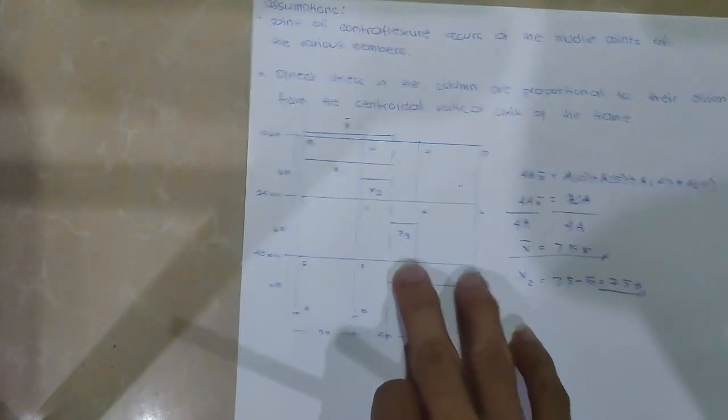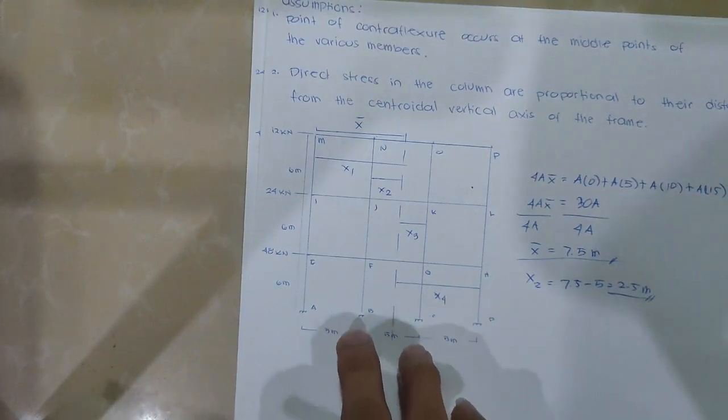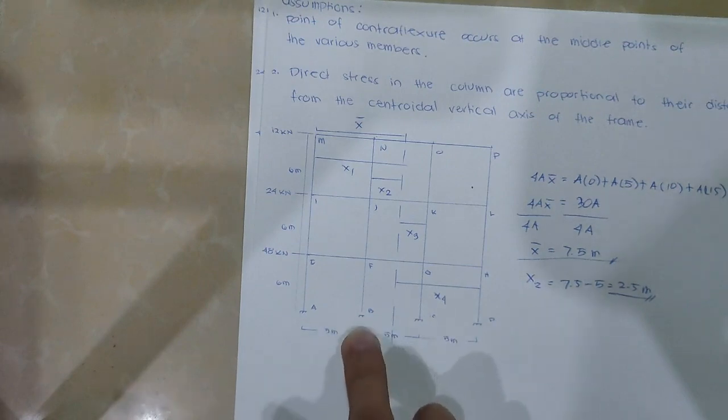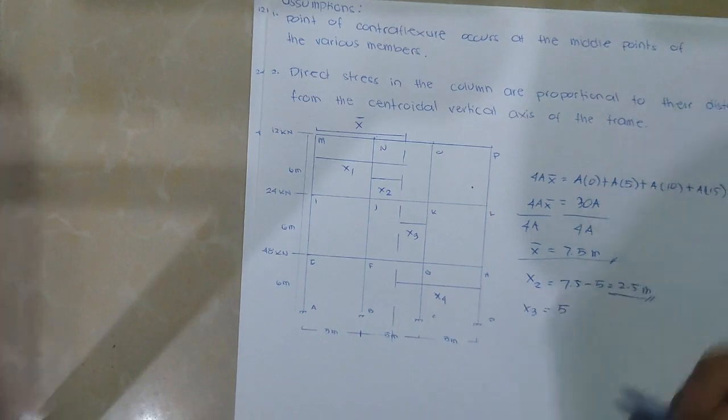To get x3, the distance from column B to C is 5.